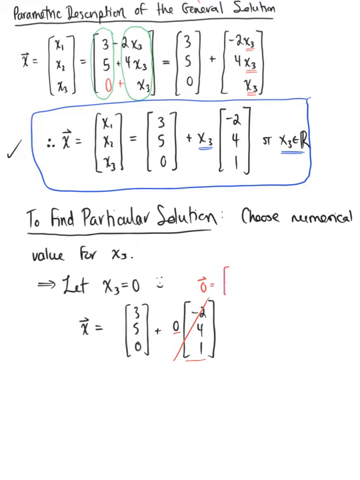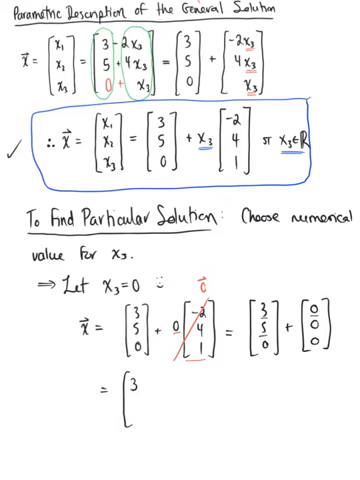So this reduces to 3, 5, 0 plus the 0 vector, so that's just the vector with 0 entries. To get that final answer, we add the like entries. So we have 3 plus 0 equals 3, 5 plus 0 equals 5, and 0 plus 0 is 0. So this is one particular solution to the system.